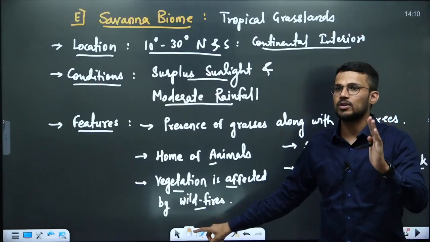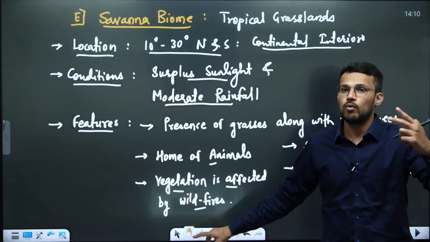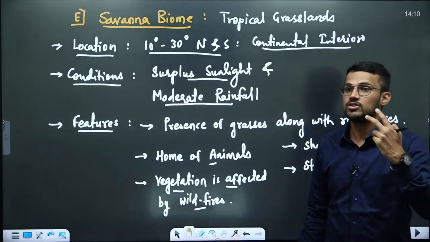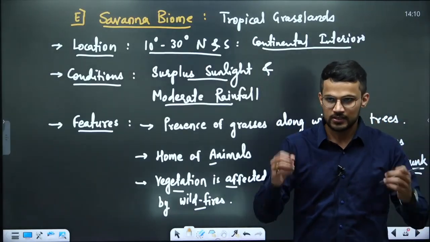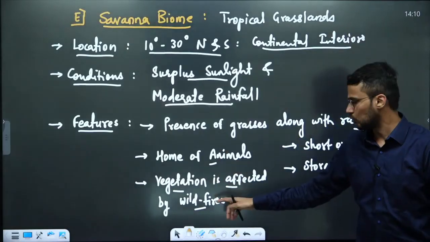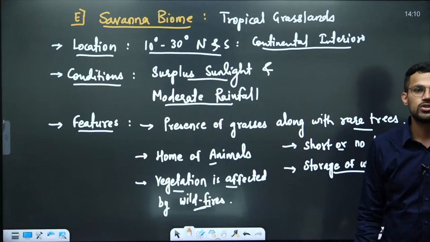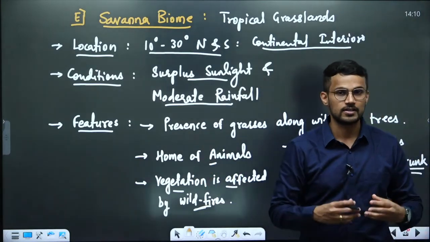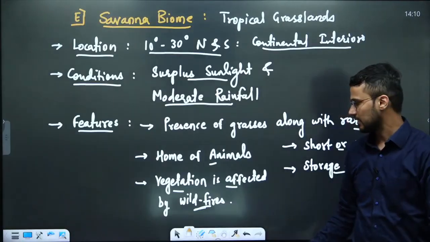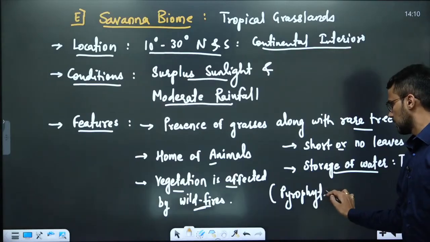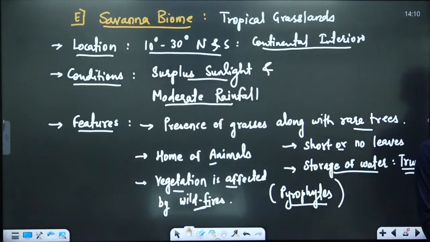The most important adaptation is the use of wildfire for nutrient cycling as well as for germination of seeds. Trees use wildfires for seed germination and nutrient cycling. That's why we can say that they love fires, they love wildfires, and hence they are referred to as pyrophytes.